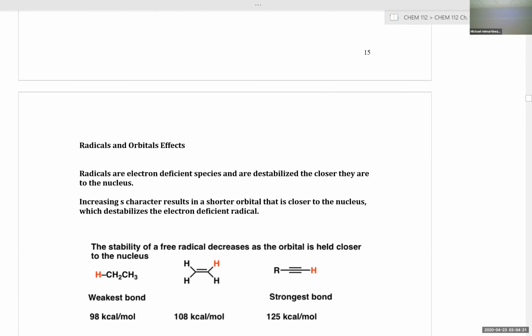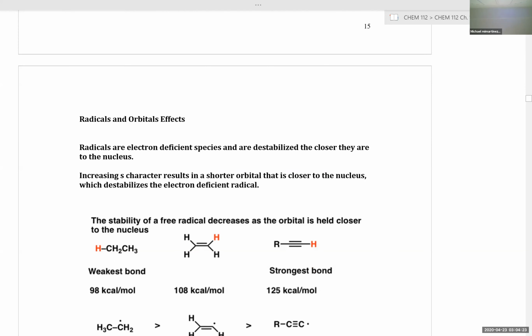So let's talk a little bit about radicals and orbital effects. And this is where radicals, as they're electron deficient, behave very differently than anions. Radicals are electron deficient species and are destabilized the closer they are to the nucleus. Remember, we don't want positive charges close together. Increasing S character results in a shorter orbital that is closer to the nucleus.